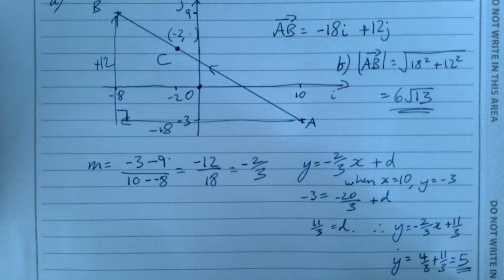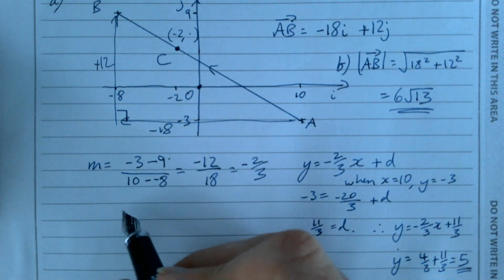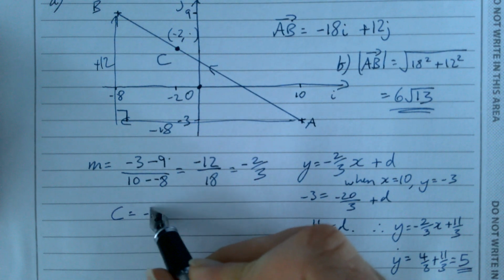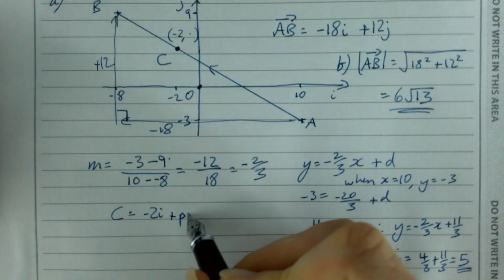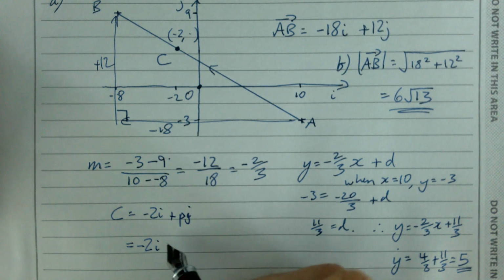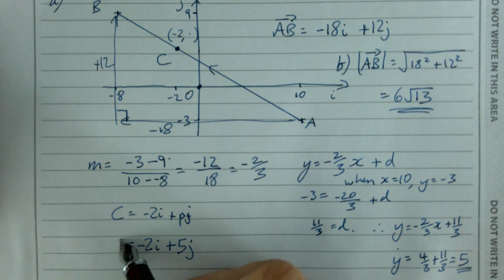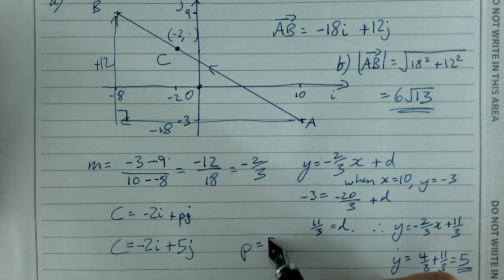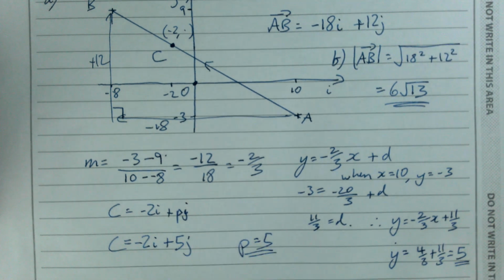So that means that our C, negative 2i plus pj, is actually equal to negative 2i plus 5j. So p equals 5.